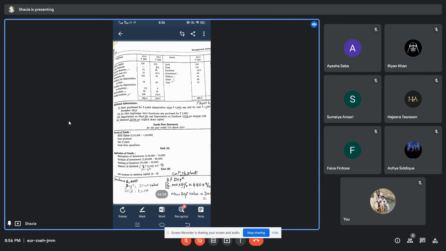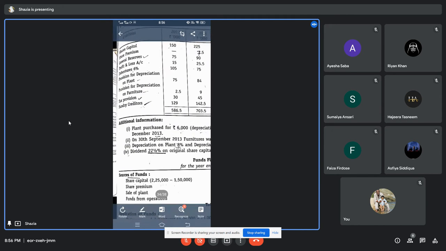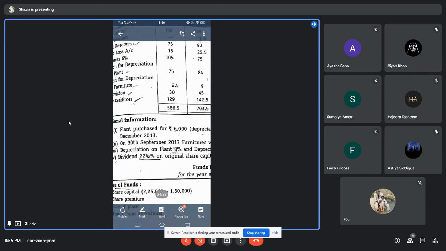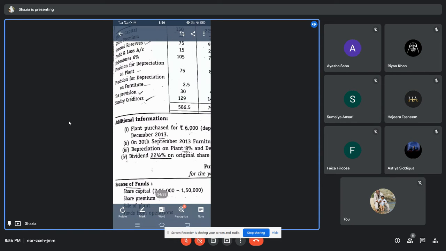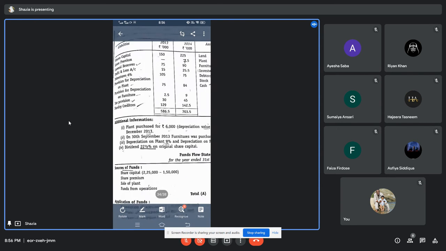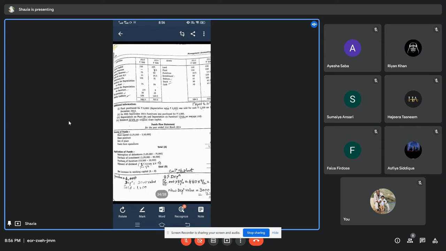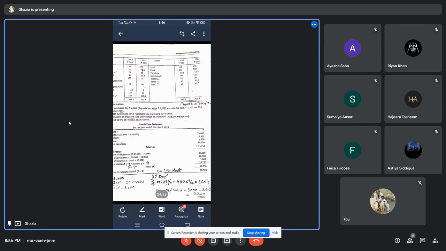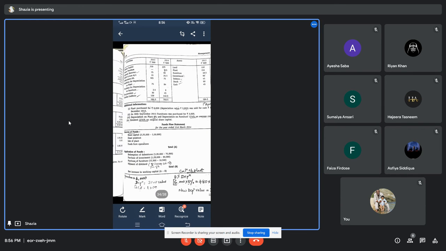See, they have given provisions separately for the depreciation on plant and provision for depreciation on furniture, then tax provision for taxation. They have given a shortcut, like tax provision, then sundry creditors. Then we have assets: land, plant, furniture, investment, debtors, stock, and cash.